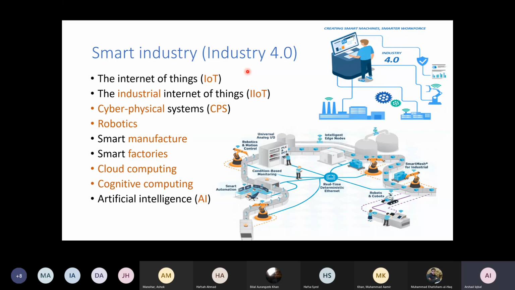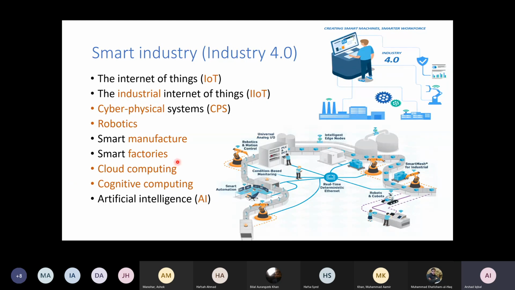Smart industry or Industry 4.0 actually consists of many technologies. It consists of IoTs, industrial IoTs, and cyber physical systems, because when the internet comes, the cyber physical system is made, and there is cyber security as the need of the system. And then robotics comes. We know industry uses many kinds of robots for their production and control activities.